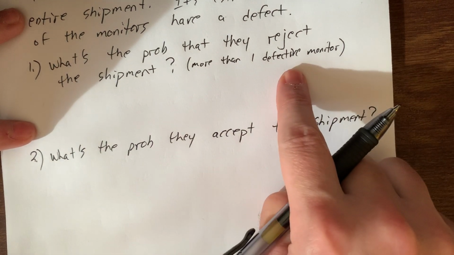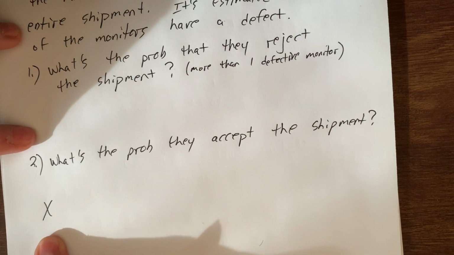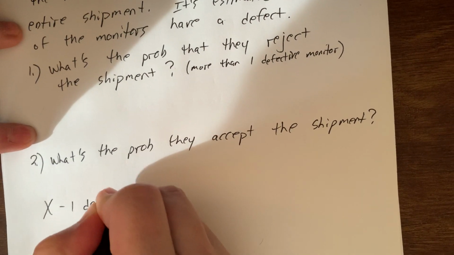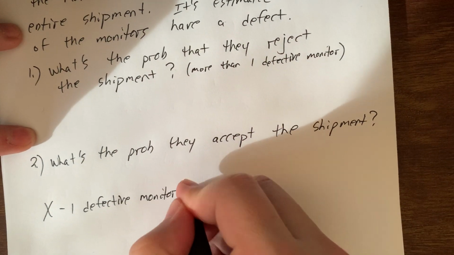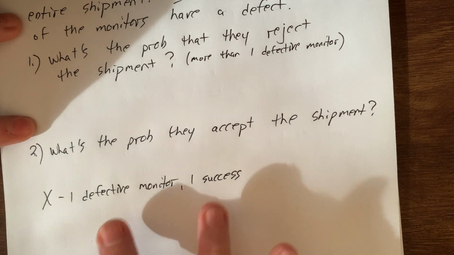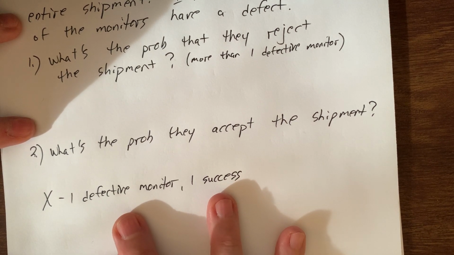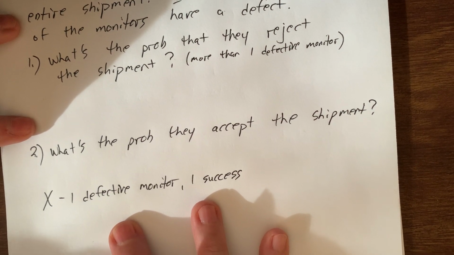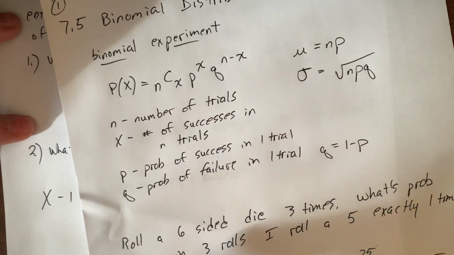So with this setup, it seems weird, but before I start filling in some numbers, let's get the idea out here that we're defining one defective monitor as one success. I started off by literally putting some words down. We don't have to write that out, but we have to think about it: what are we classifying as a success? Now I can start thinking about all the different values that I need to find.